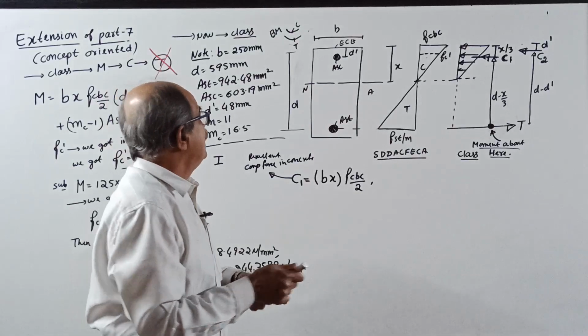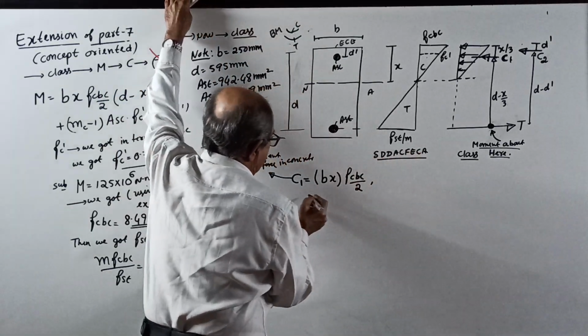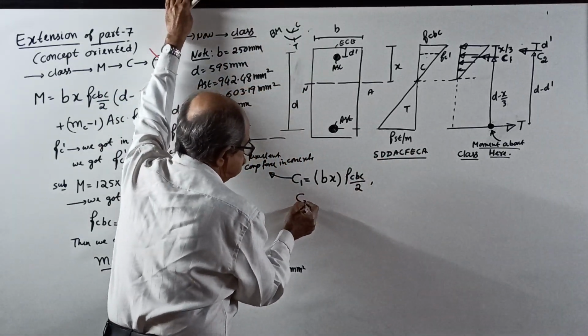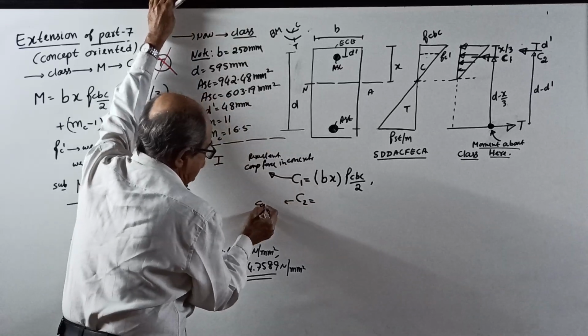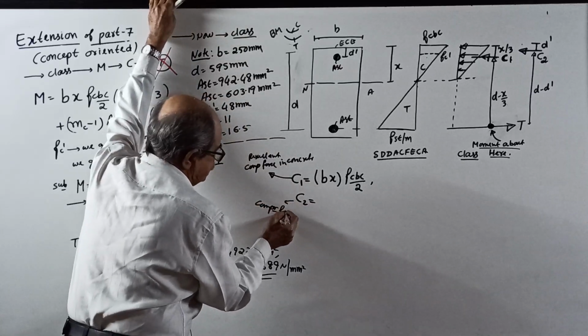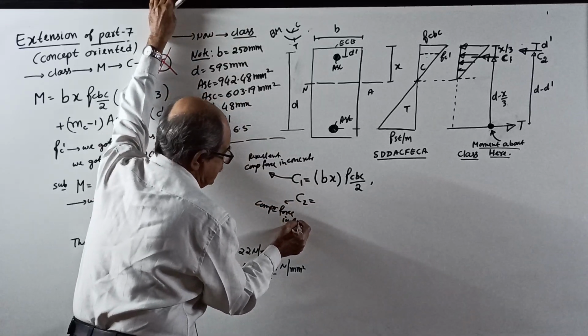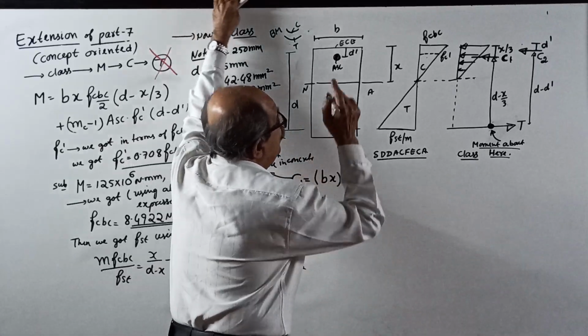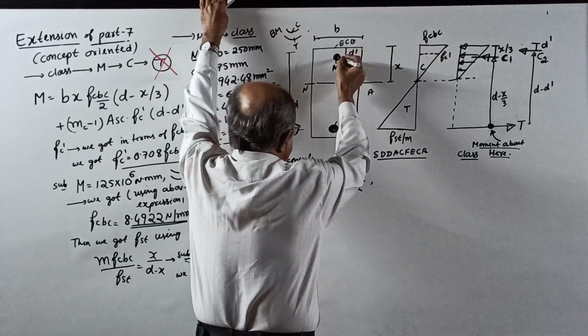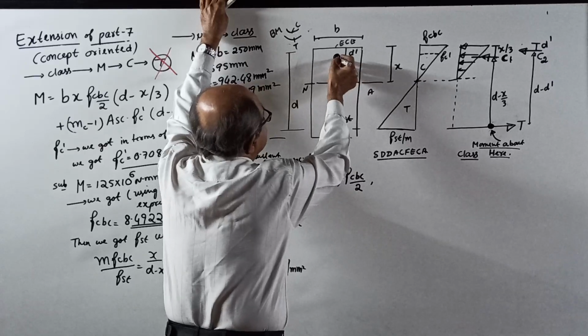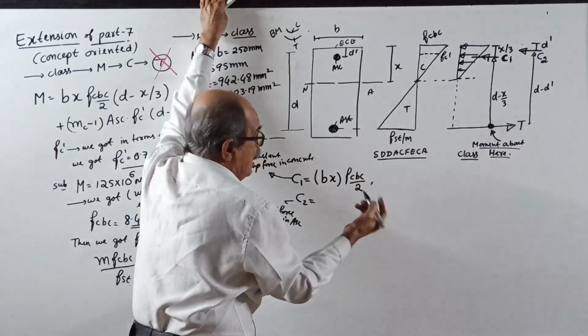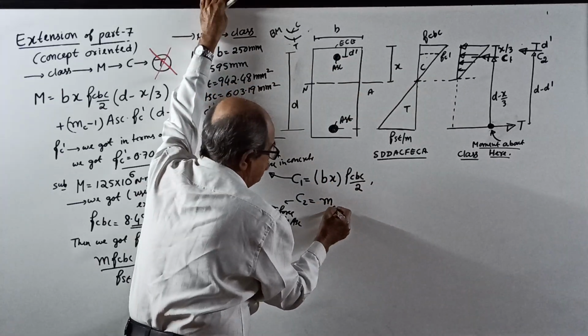But in doubly reinforced section, there is one more compression, that is C2. Compression force in ASC, compression steel. This is equal to the area of the steel, ASC. You have to convert to concrete, that is m c minus 1.